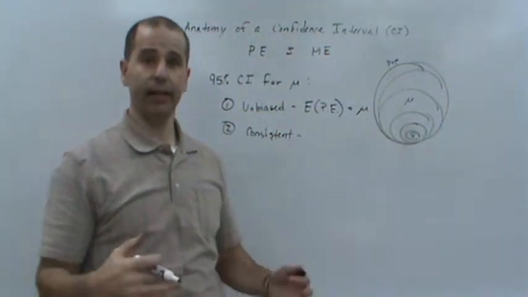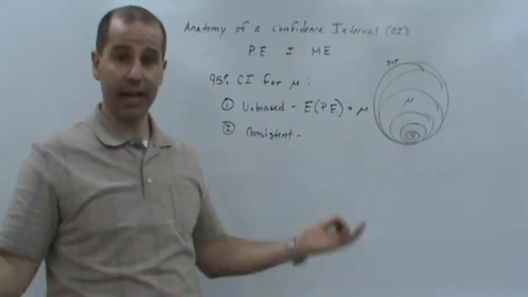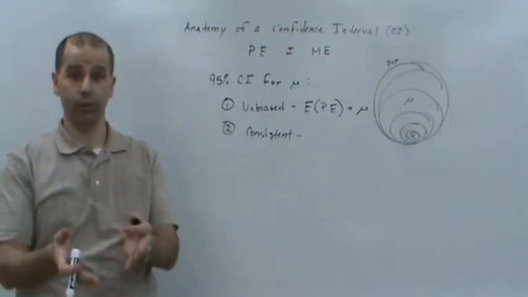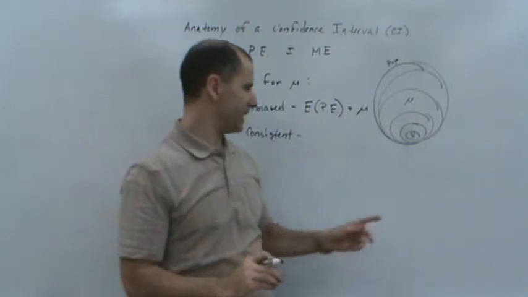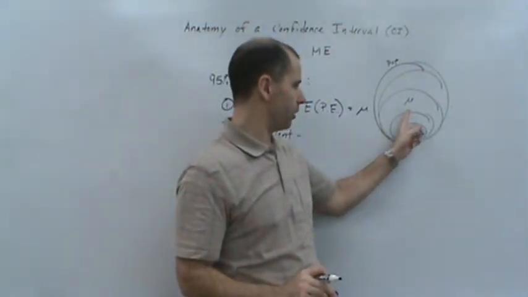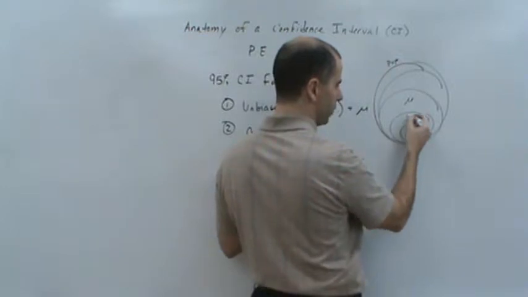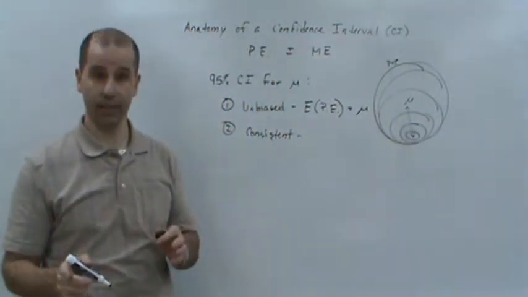Eventually, if I take my sample big enough, I'm going to have the entire population. If I take the average of the entire population, it should equal the parameter mu. So it makes sense that as my sample gets bigger and bigger, my value of X bar should get closer and closer to mu. That's what consistent means.